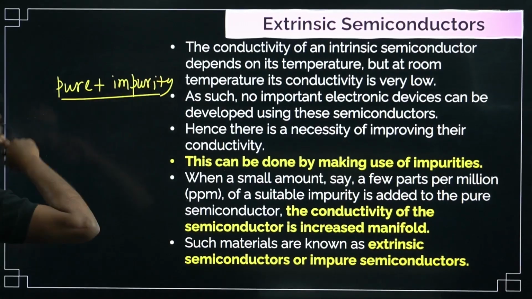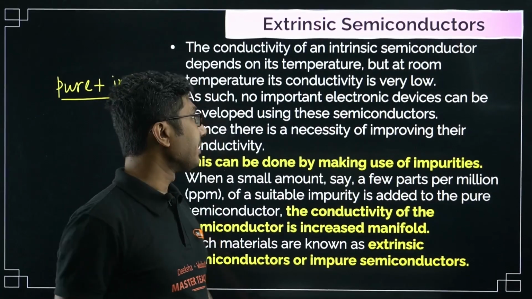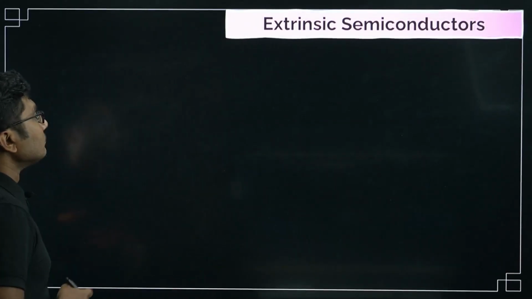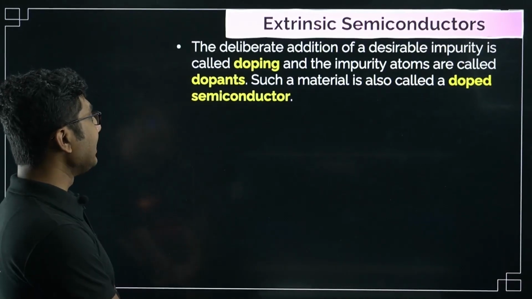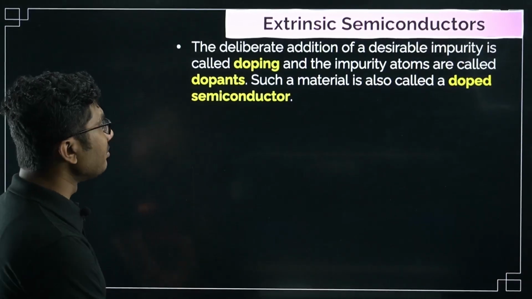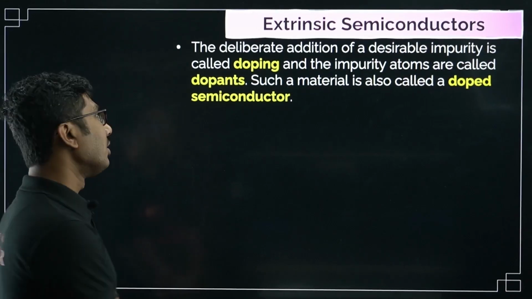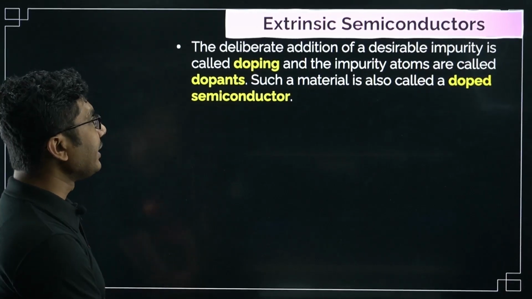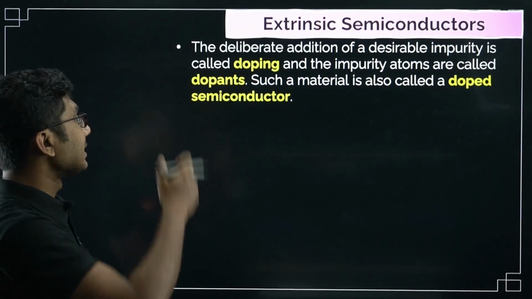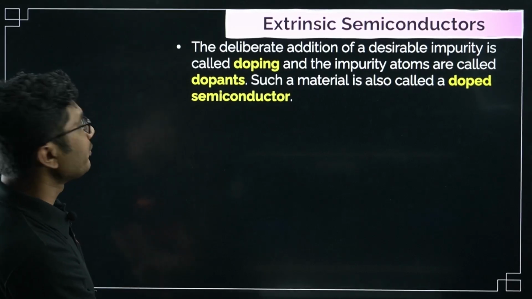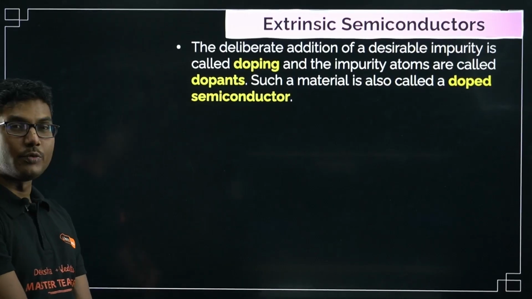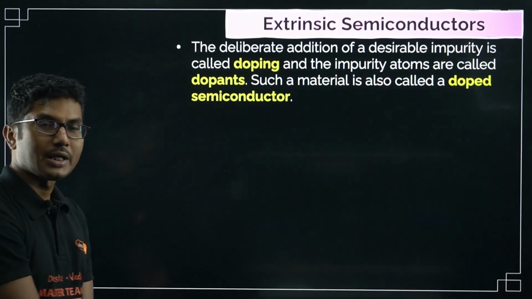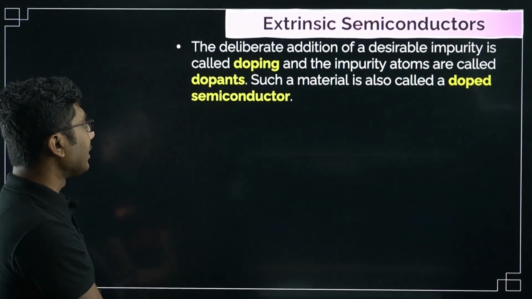This is the meaning of extrinsic semiconductor. The deliberate addition of desirable impurity is called doping, and the impurity atoms are called dopants. Such material is also called a doped semiconductor. So doped semiconductor, impure semiconductor, extrinsic semiconductor, they are all the same.